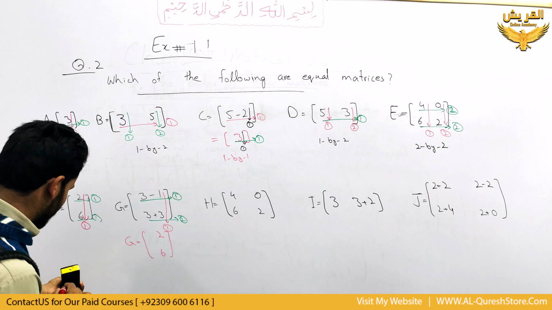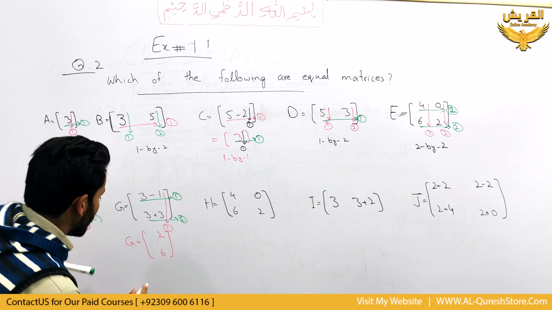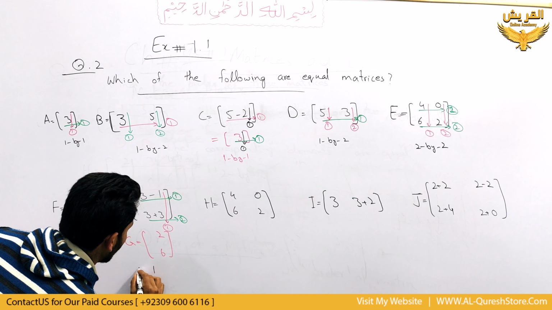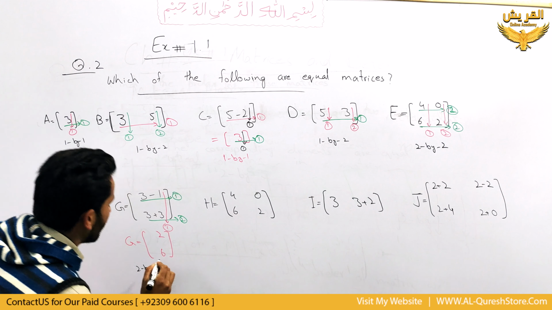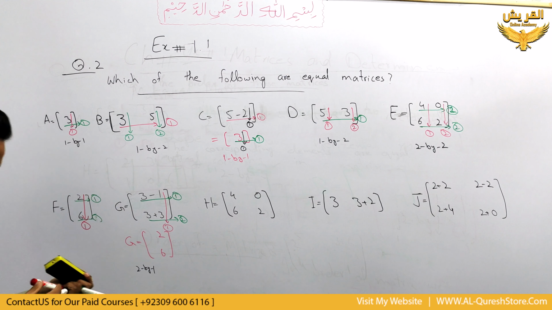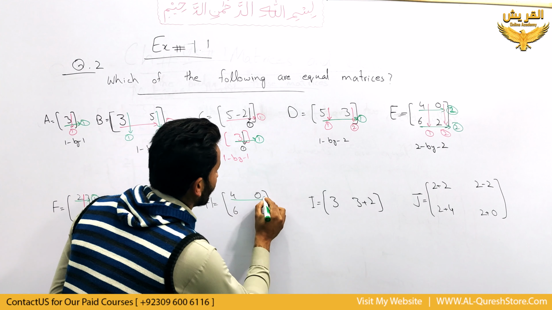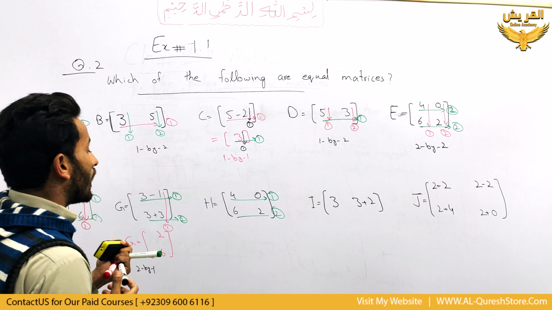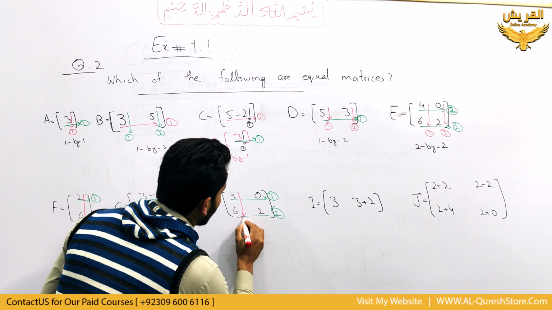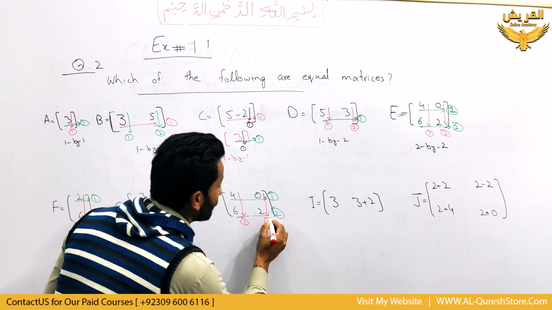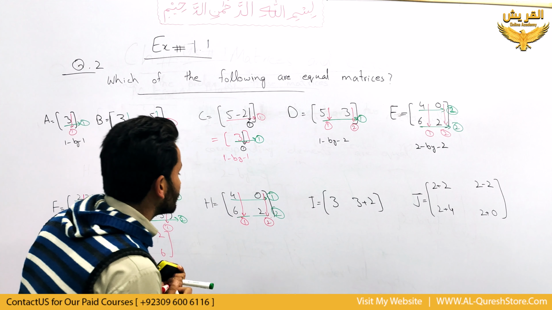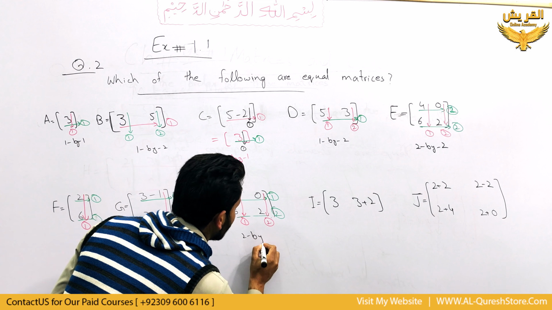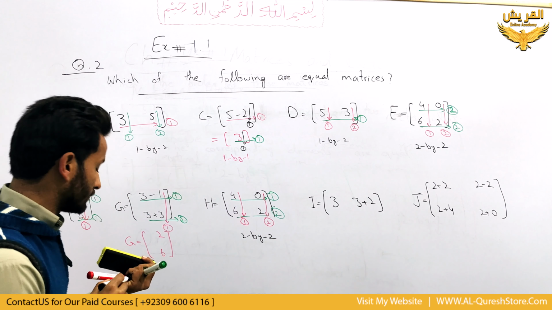Order of this matrix is 2 by 1. See the next one. Number of rows are first row, second row. Number of columns are also 2, first column and second column. So the order of this matrix is 2 by 2.